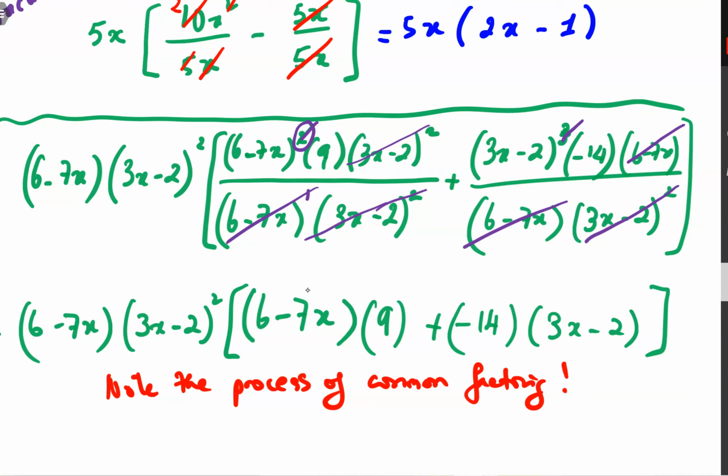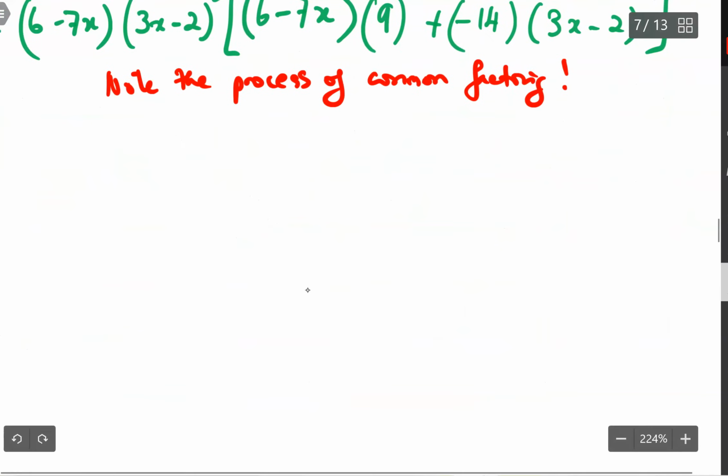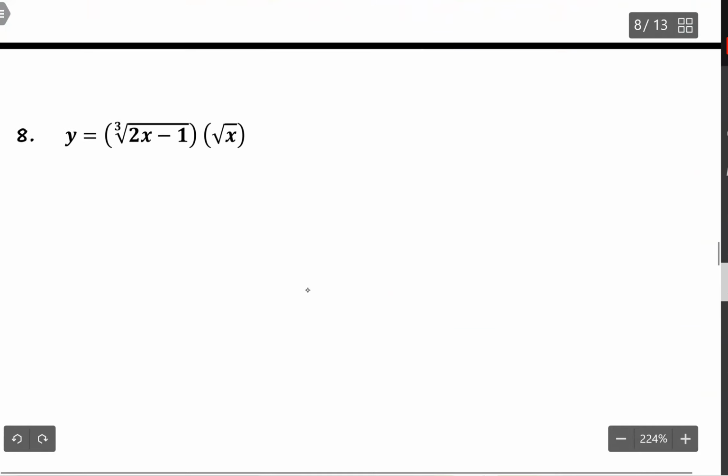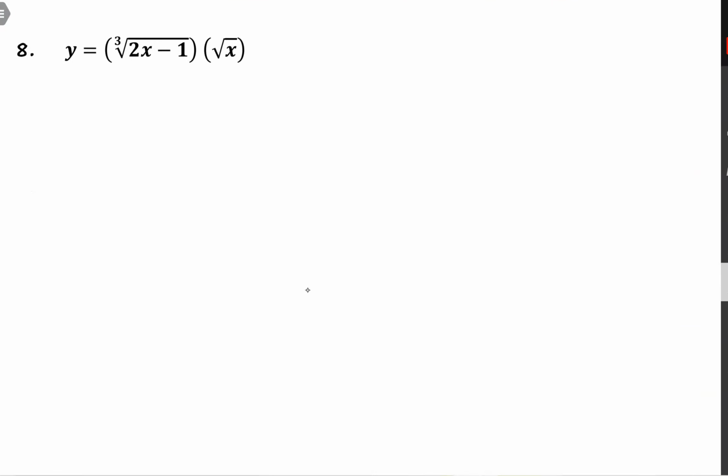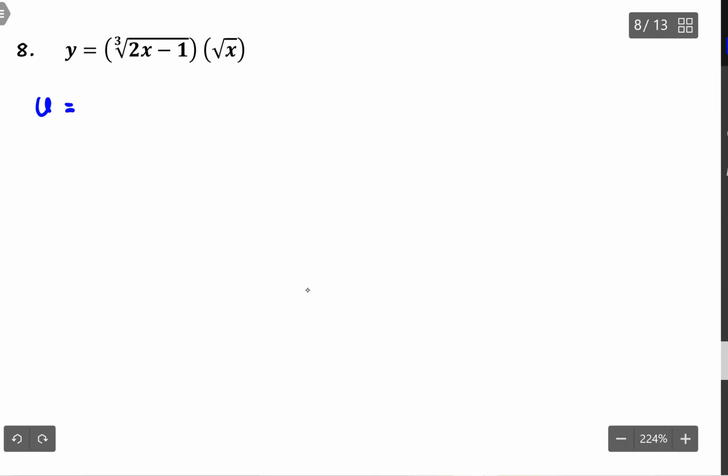All right, I would like to continue with the next question. It's also the product rule in this case, and I will apply the exact concept of factoring. For this question, I will identify u as 2x minus 1 raised to the exponent 1/3. You need the exponent to work with.